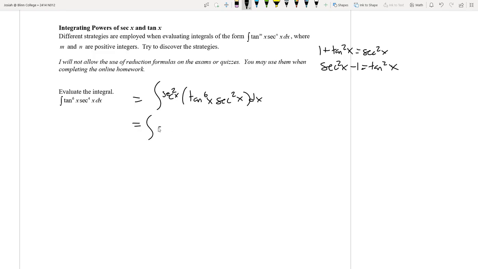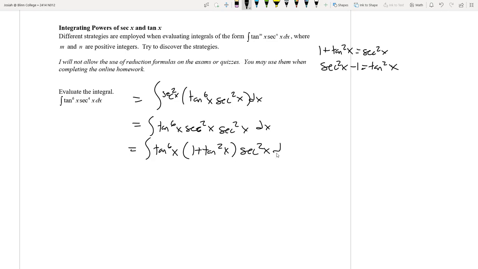So we've got secant squared of x. I'll write that at the end. So tangent to the 6th of x, secant squared of x, secant squared of x. And we'll write one of these secants as tangents: secant squared of x is 1 plus tangent squared of x.